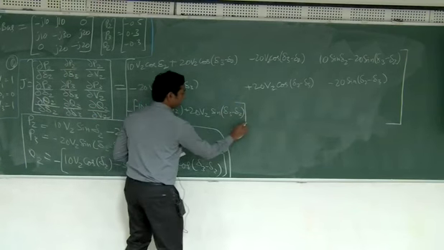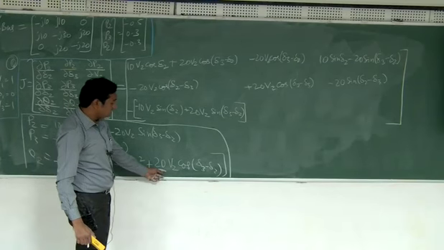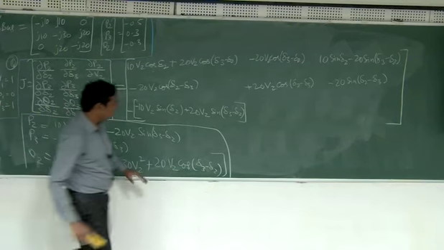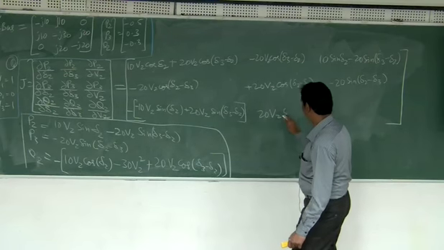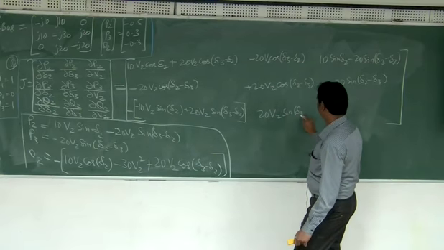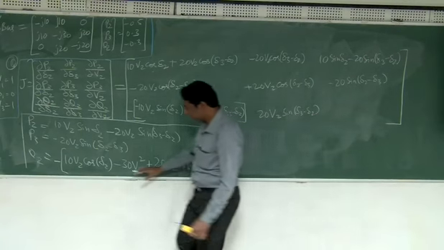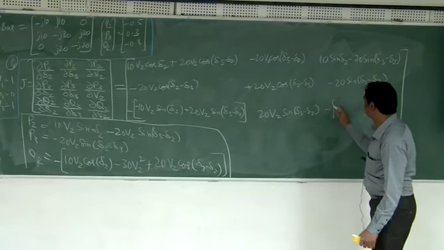Now differentiate again with delta 3. This is constant, this is constant. This one will come with a minus sign, but there is an outside minus sign, so they cancel. So I'll just write this one: 20 V2 sin of delta 3 minus delta 2. Now finally differentiate this with V2. So this will be 10 cos delta 2, and there is a minus outside.